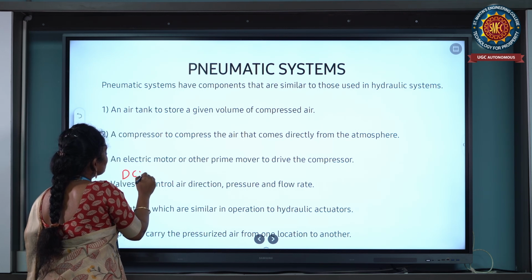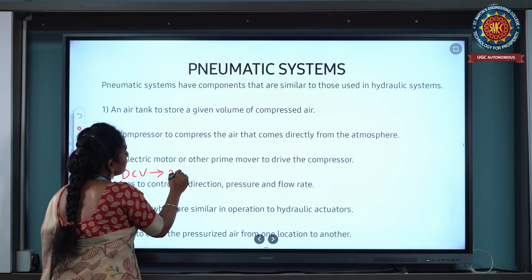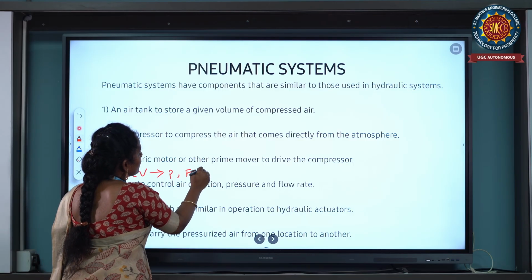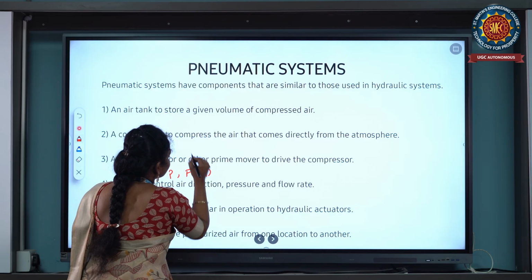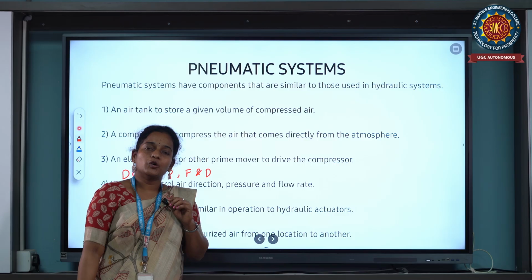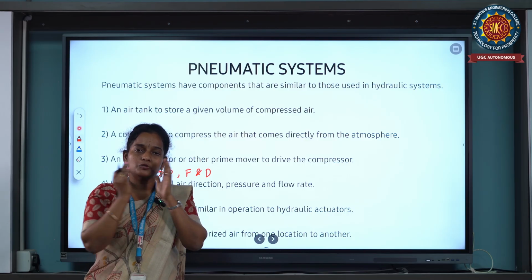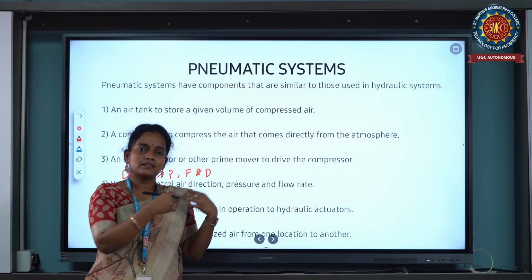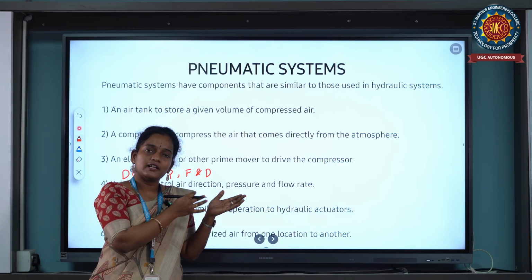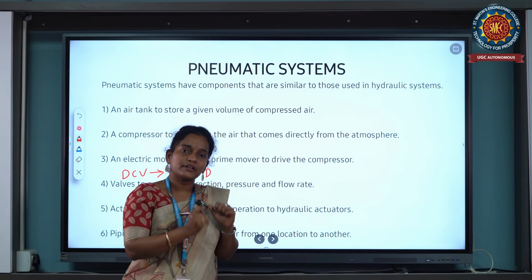Direction control valve, DCV. It controls pressure, flow rate, and direction. These three operations are performed by the DCV only. The direction control valve is the same as in the hydraulic system.